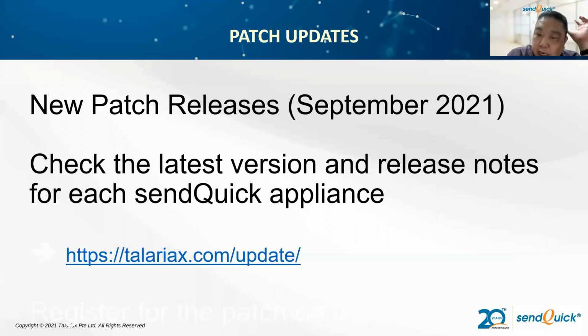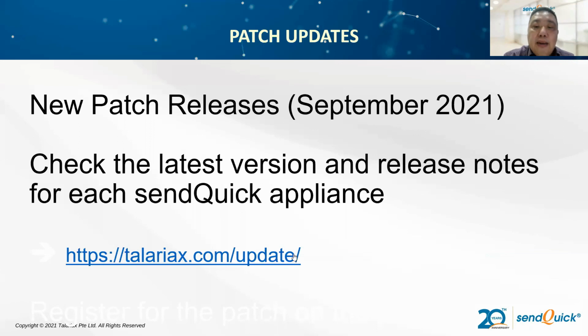So a quick update for everyone. If you are on our SendQuick devices, we normally have patch releases, and recently we have just released some new patches for all the devices, all the appliances. So you can go to our website, tyrox.com/update to see which version of appliance you have, and check whether it is still near the latest version.